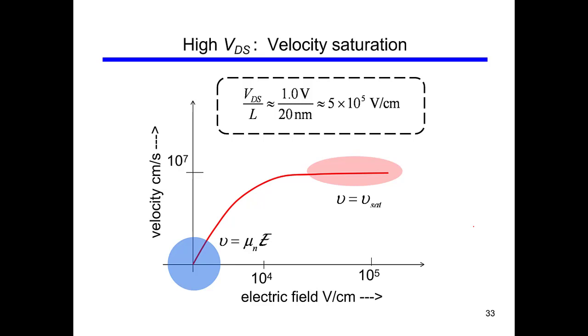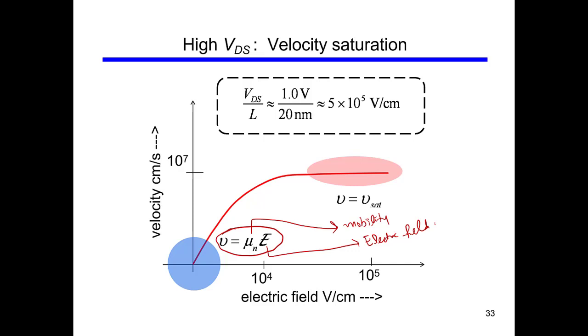In order to understand velocity saturation, we have to understand that velocity is equal to electron mobility times the electric field, where μN is the mobility and E is the electric field.